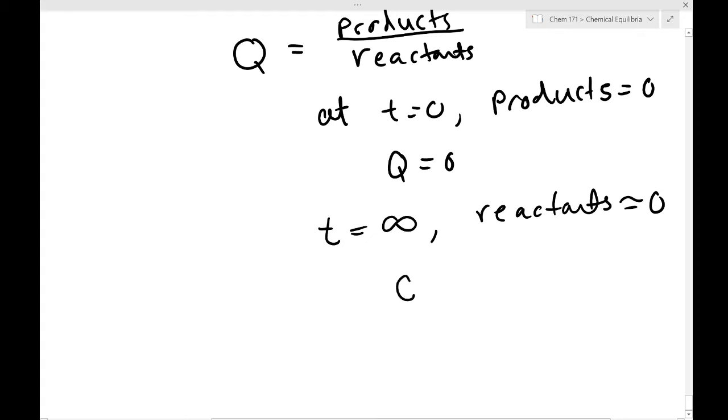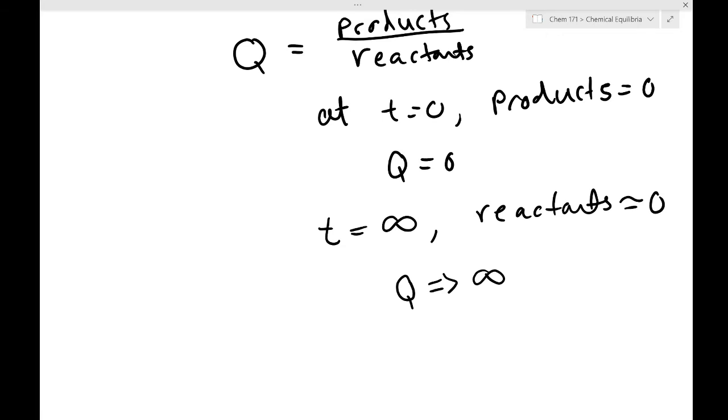So that means that Q tends toward infinity as t approaches infinity. The smaller the amount of reactants, the larger the value of Q. So there is some range of Q between 0 and infinity for a reaction starting and a reaction going to completion, or going beyond the equilibrium.